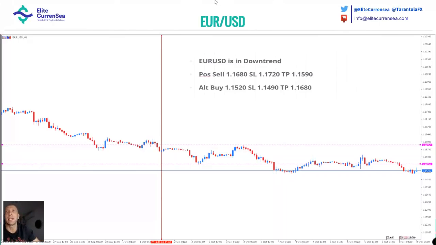I always say, guys, this is not set and forget. Targets and entries are never perfect, so definitely you need to follow your own method, your own system, and of course follow price action closely.